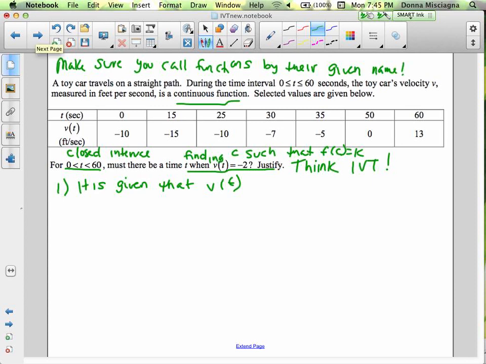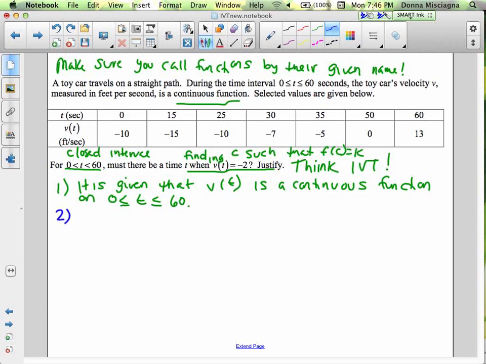All right, it's given that v of t is a continuous function. State it's on a closed interval. Right, it's continuous on a closed interval. For our polynomial functions later on, we showed it was continuous on a closed interval. But it's given that v of t is a continuous function on 0 to 60. All right, there we've taken care of requirement number one.